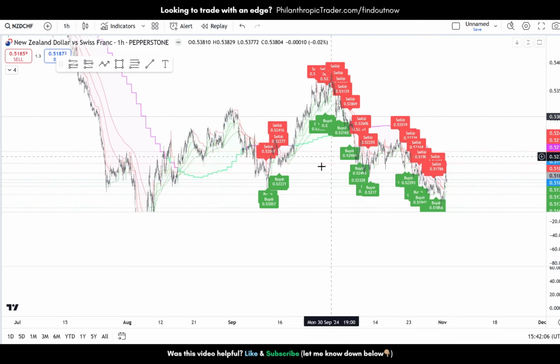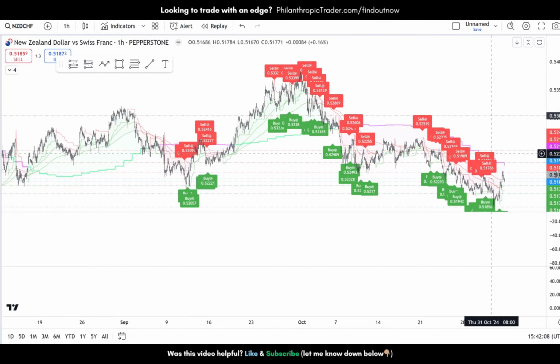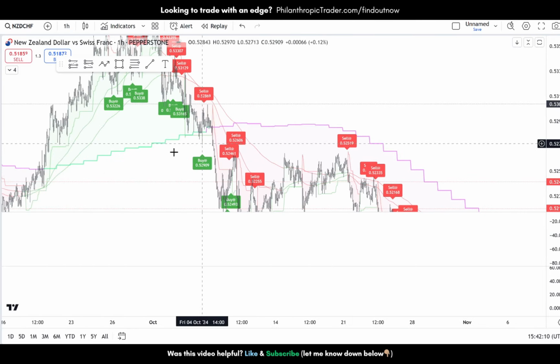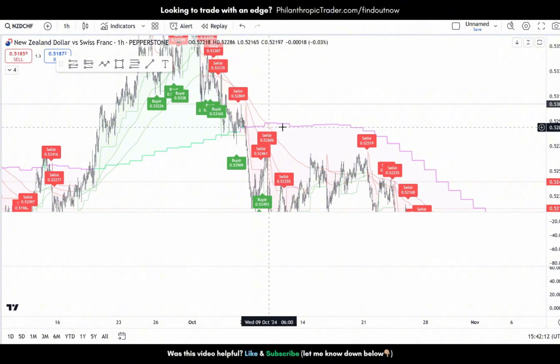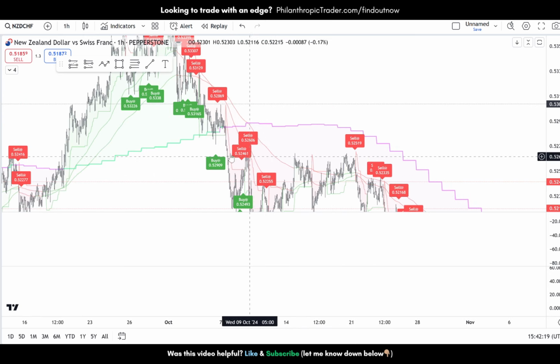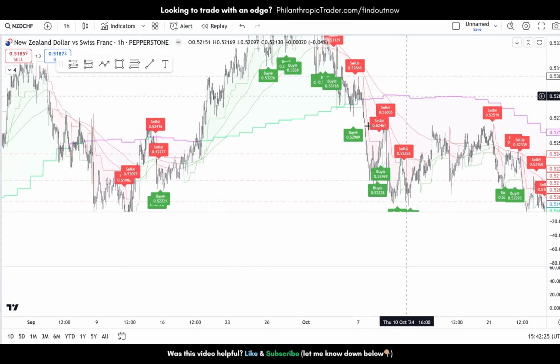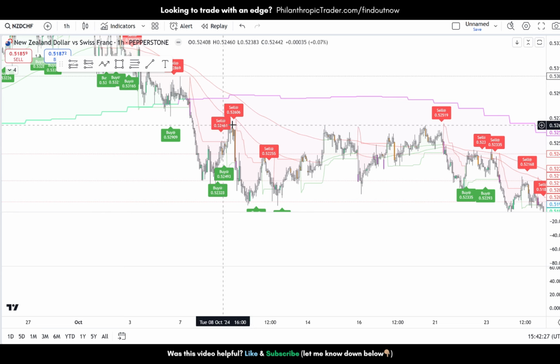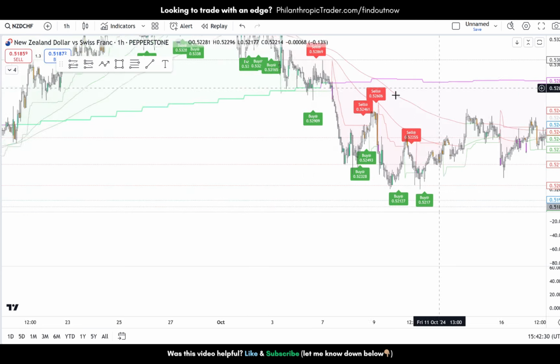So what you can do is look at the green and the purple lines. These are, I believe, moving averages on the higher time frame, and you only take orders when it matches. So when this is purple, you only take sell orders.